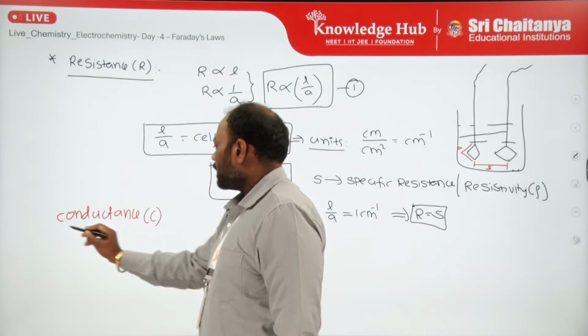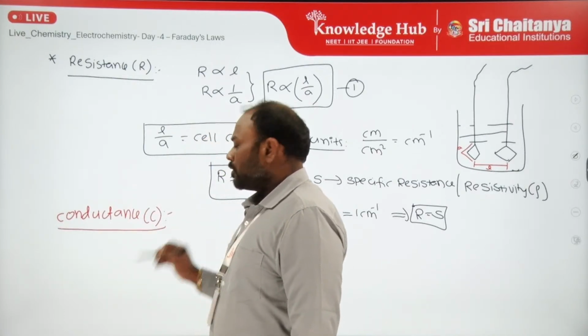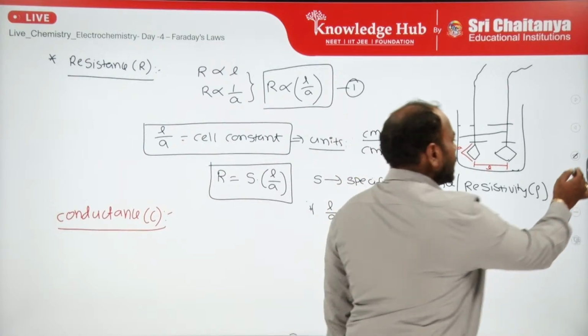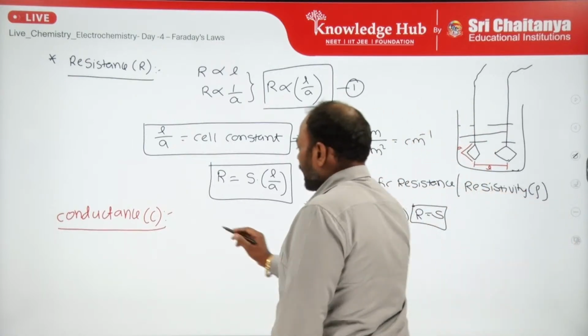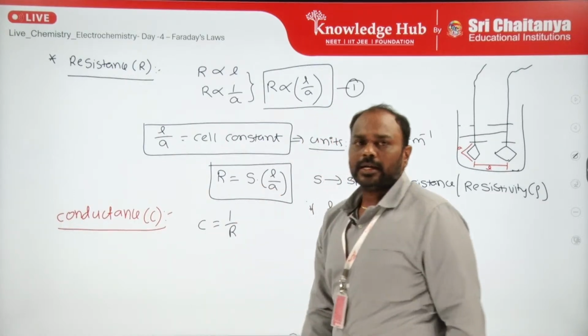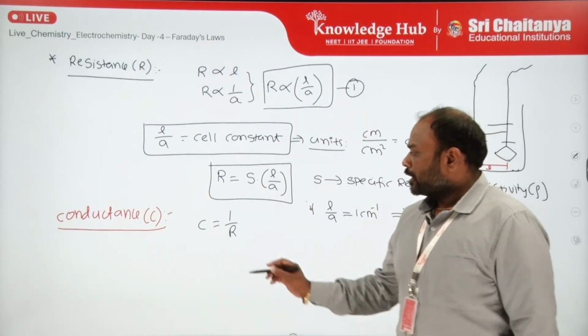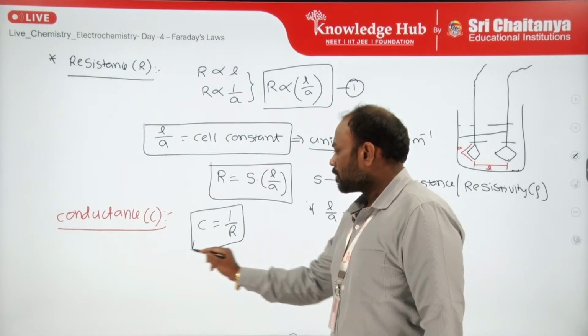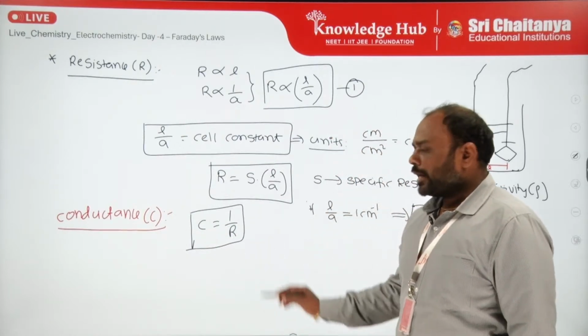Conductance is represented with C. The definition of conductance is, here conductance is nothing but the reciprocal of resistance, known as the conductance.